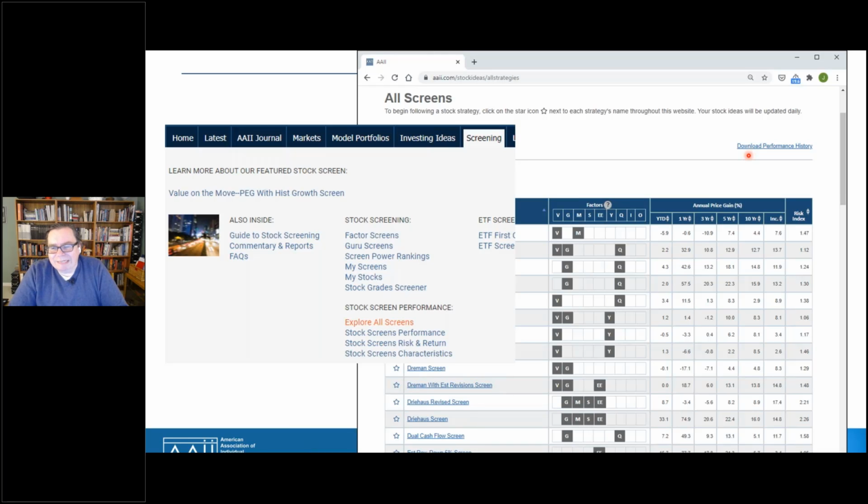This gives you a link of monthly performance of all these different approaches going back 20 plus years. If you really get into the data and analysis of that information, this is a spreadsheet a lot of our members take a look at. When you're in this particular approach, you can click on any of these columns and it will sort them based upon the risk index or return from inception, 10-year return, or whatnot.